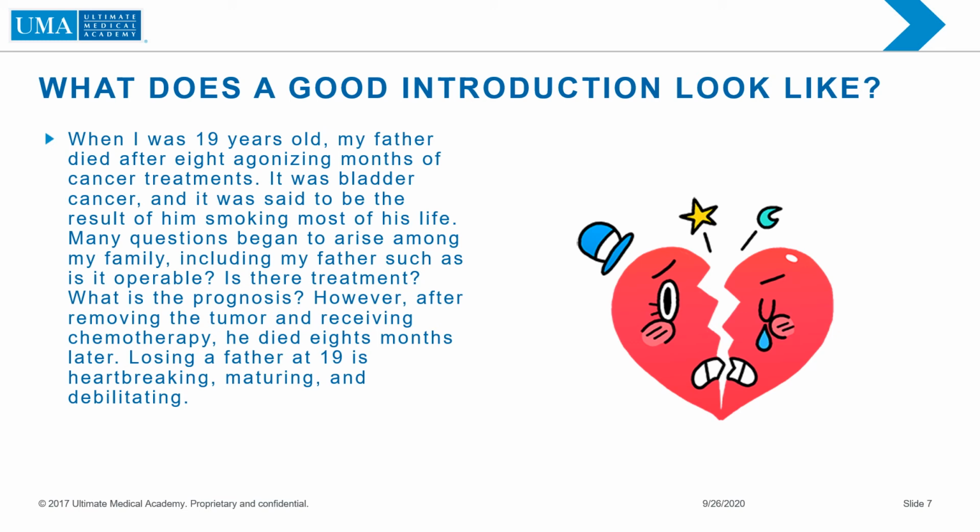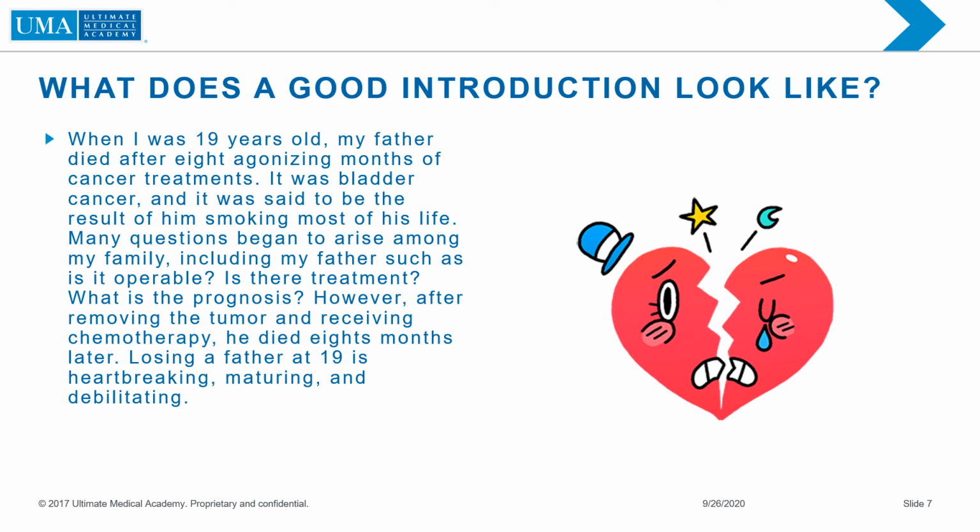So again, not necessarily that the rest of my paper is going to talk about how smoking can cause bladder cancer, but it's talking about what kind of cancer and what caused it. So that's my background information, if you will, leading to my thesis statement.